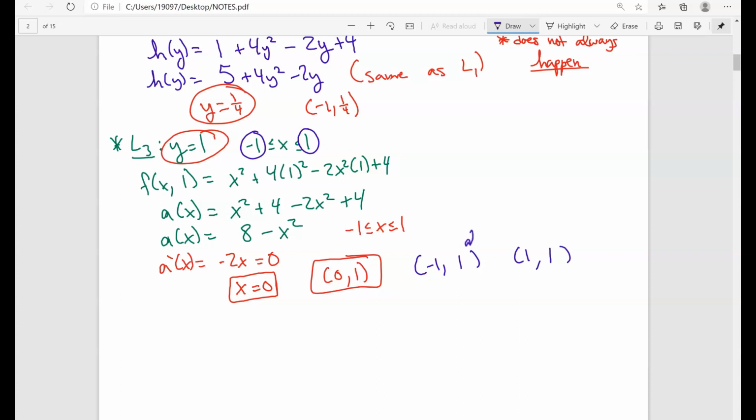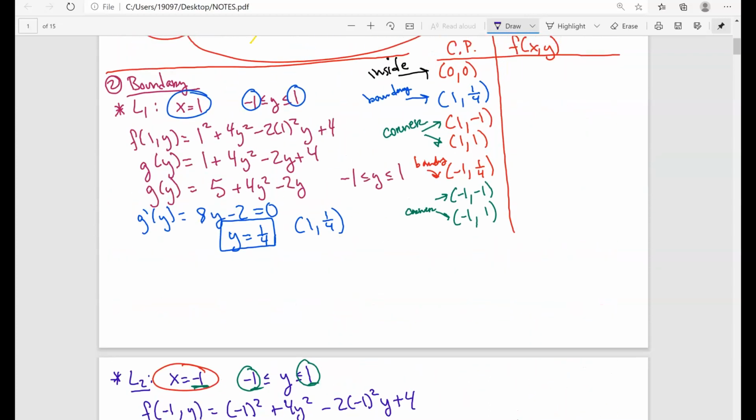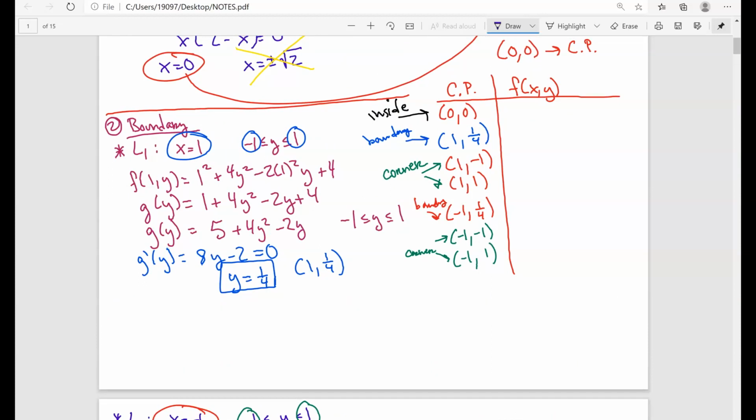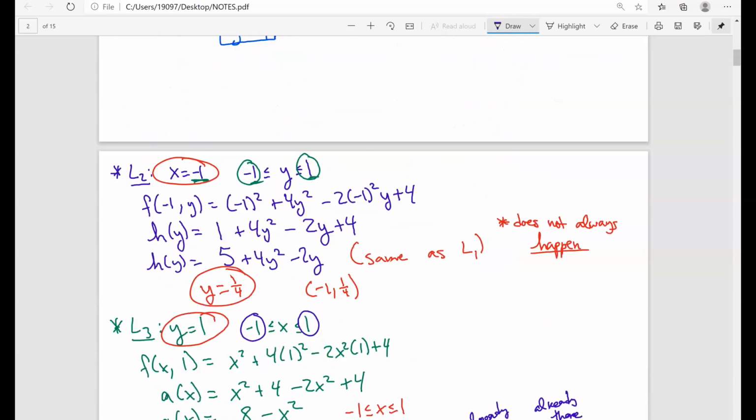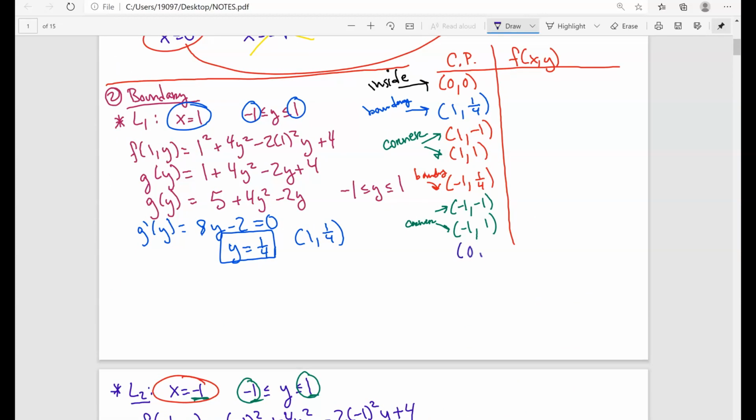They were included in the previous corners. So one of the things you can do is put all the corners into the critical points list and then not worry about them later. But we do have a new critical point, 0, 1. So this came from the boundary.